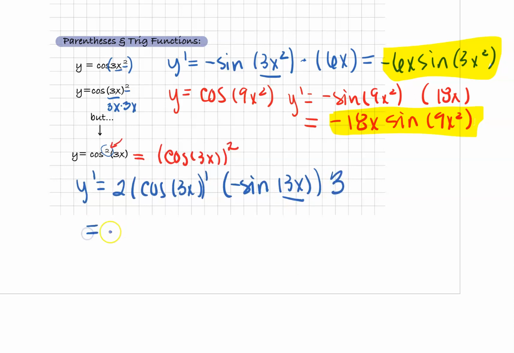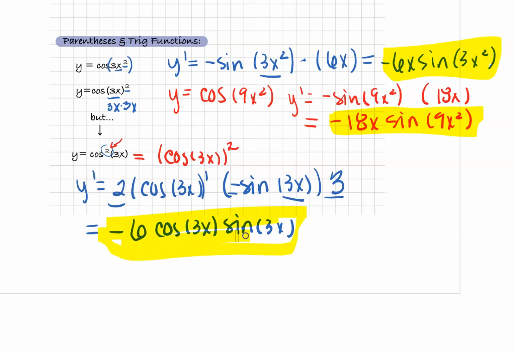So the cleanup on that would be negative 6, putting this 2, this negative, and 3 together, cosine 3x, sine 3x. And so again, you can see that this result is different than our previous two.